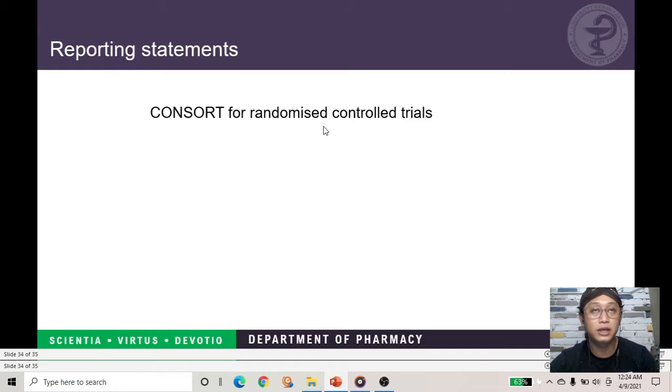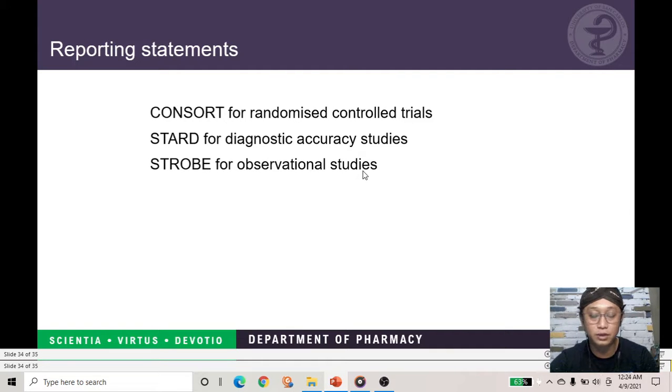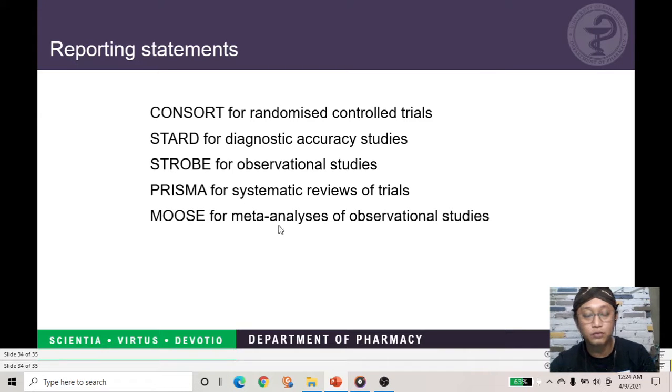It contains what kind of information has to be provided by the authors to report randomized control trials. Then STARD for diagnostic accuracy studies, STROBE for observational studies such as cross-sectional, cohort, as well as case control studies, PRISMA for systematic reviews, and MOOSE for meta-analysis. We will talk about this later. You may find this on the website of the EQUATOR Network.